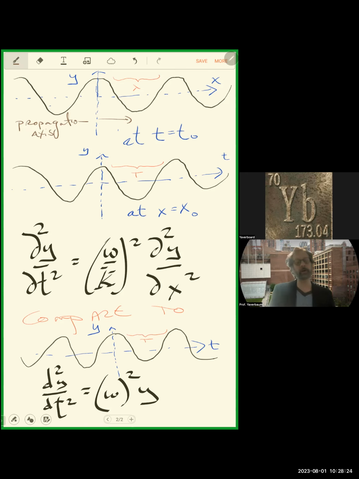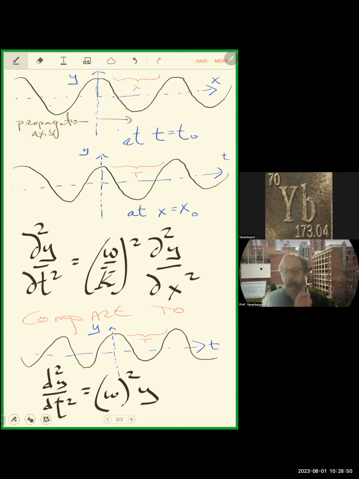So the equation that captures what is necessarily true of a wave is this middle equation on the board, right? It says that the second partial time derivative is everywhere and every when directly proportional to the second partial space derivative.